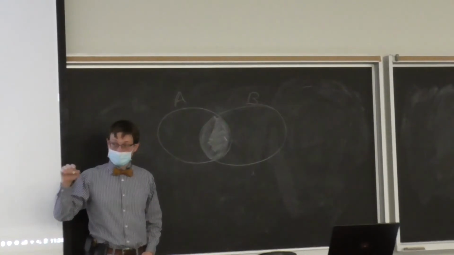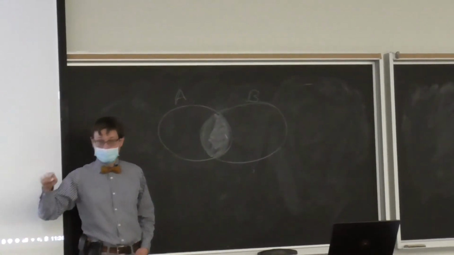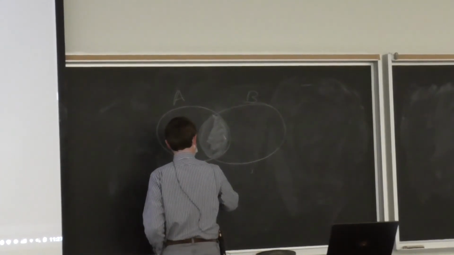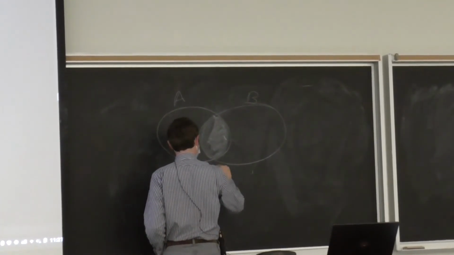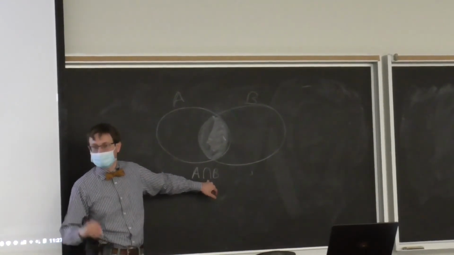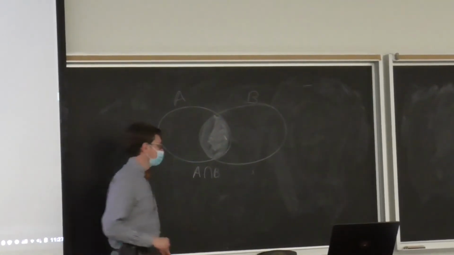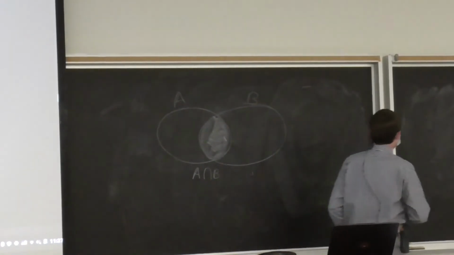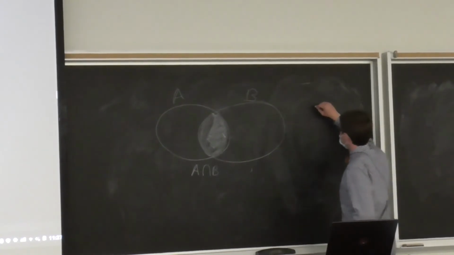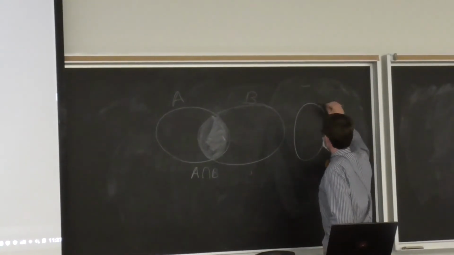The way that that is written in mathematical notation is A intersect B. This is like an upside down U with no tick mark. Oh, I'm going to run out of room quickly, aren't I? I'm going to squish them. All right.